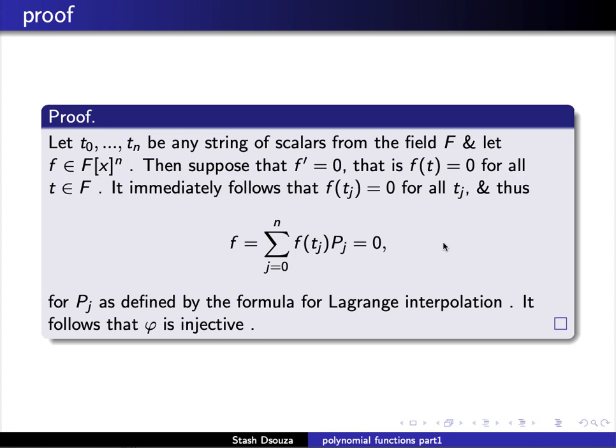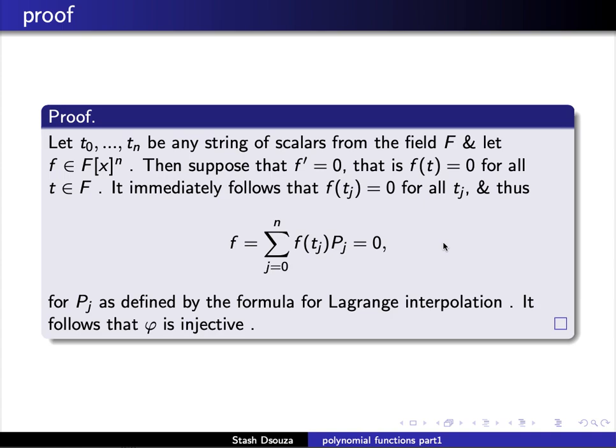So we conclude that f equals 0, where we use p_j as defined in the formula for Lagrange interpolation. So it follows that phi is injective because f prime equals 0 forces f, the argument of phi, to also be 0. And with that, we come to the end of this video.